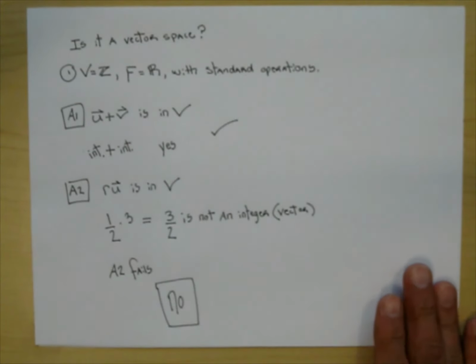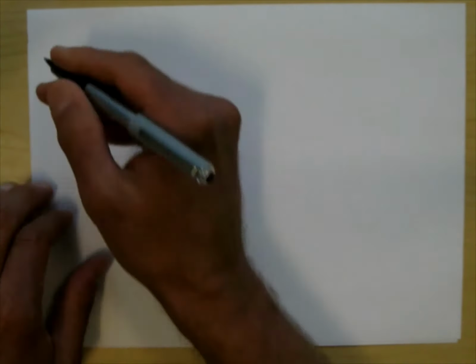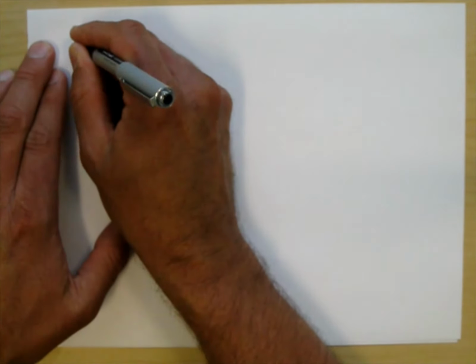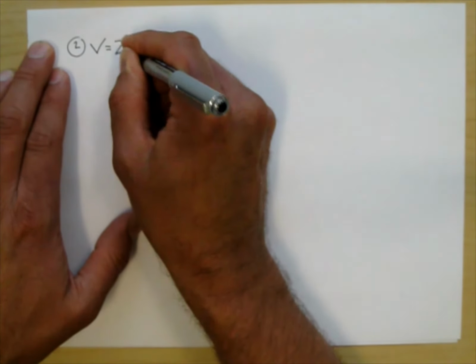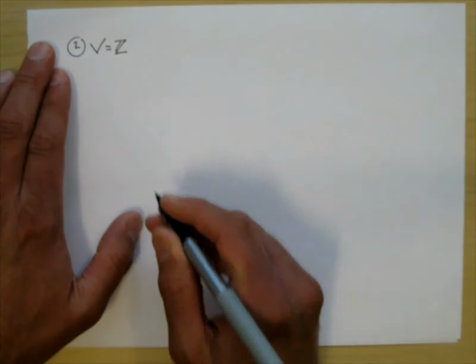We're playing the game, is it a vector space? So the next one that I'm going to play is this one right here. So problem number 2. Your vectors are integers.